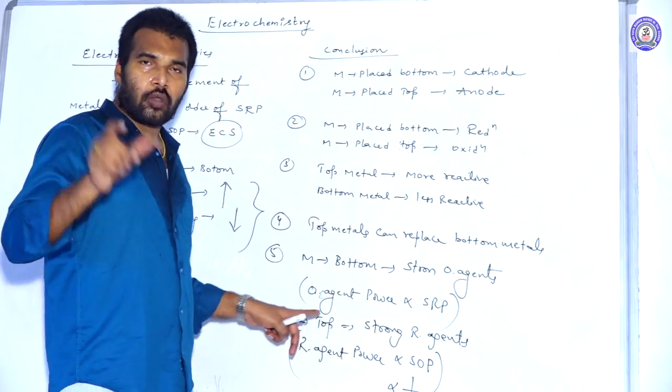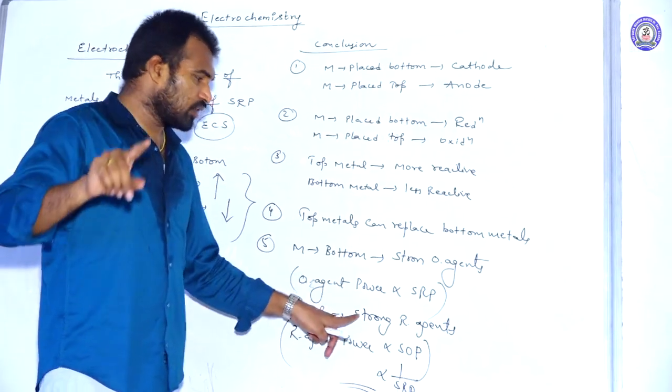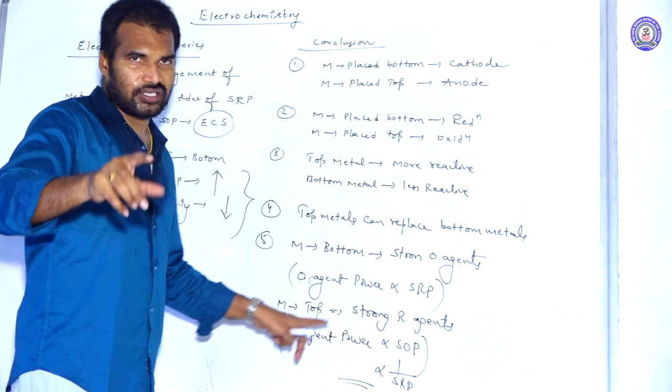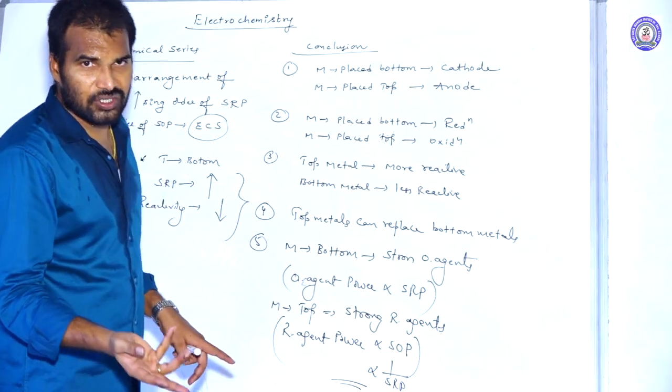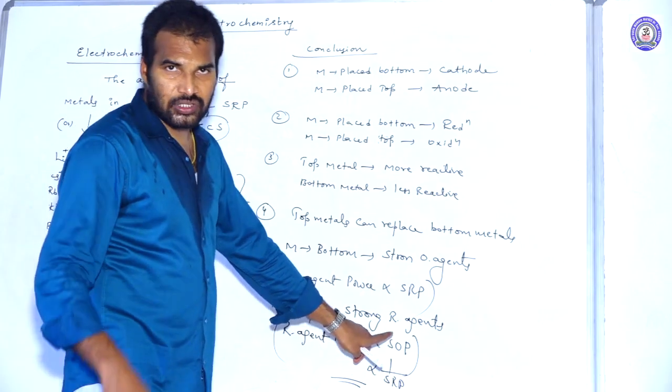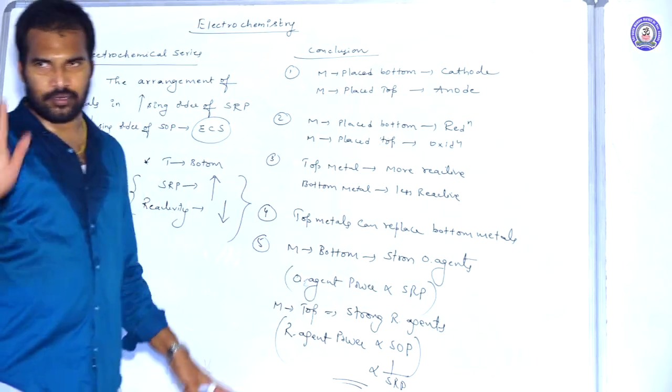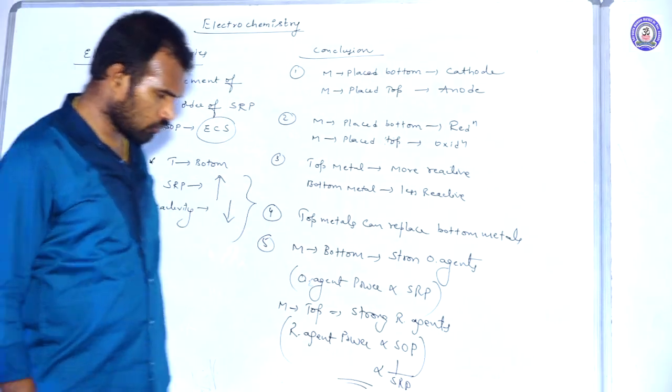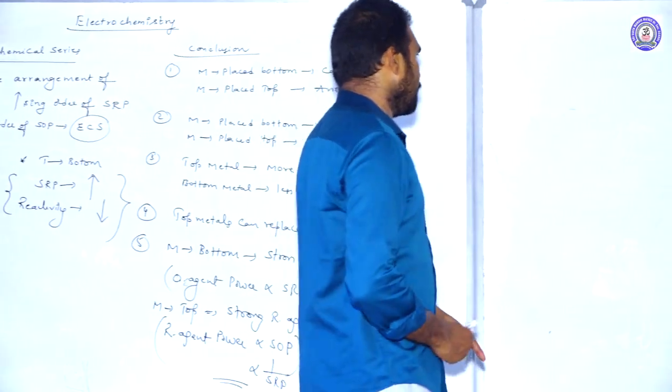Top metal is undergoing oxidation, so it is a reducing agent. Reducing agent power is directly proportional to SOP and inversely proportional to SRP. So this is about the conclusion. Now let us move to the Nernst equation.